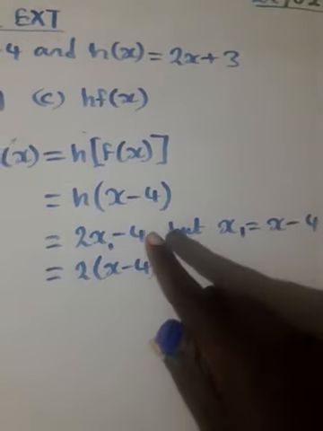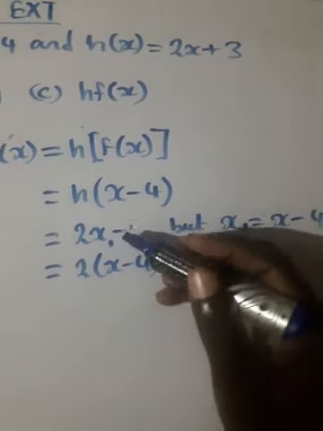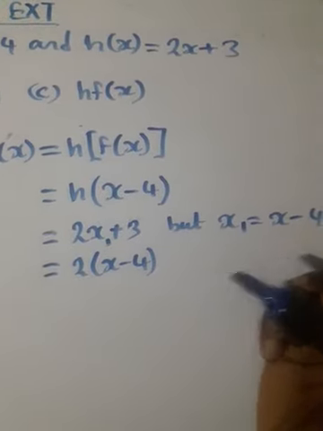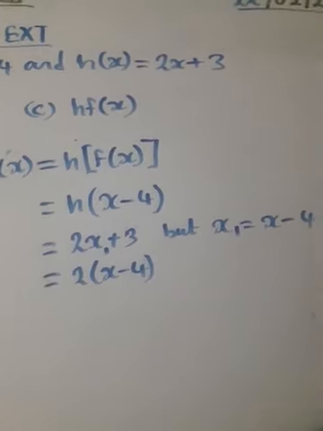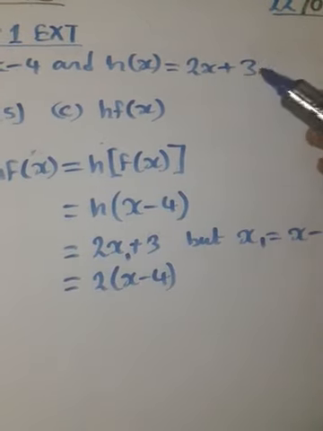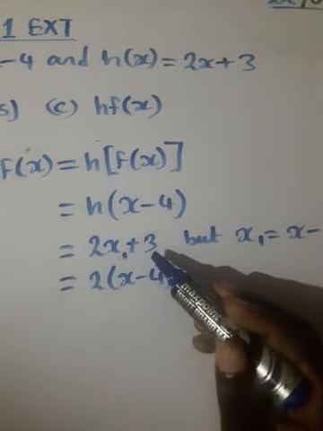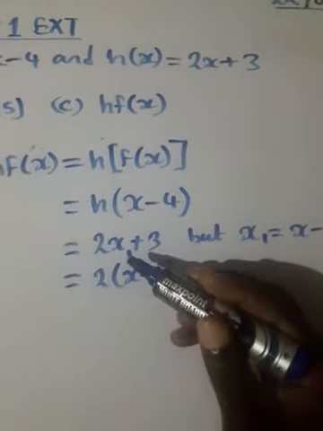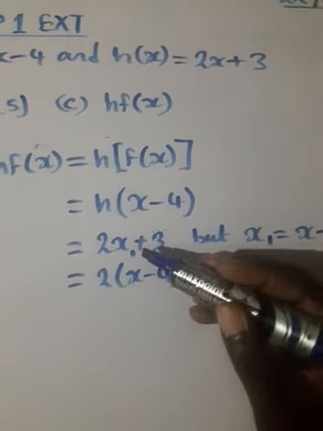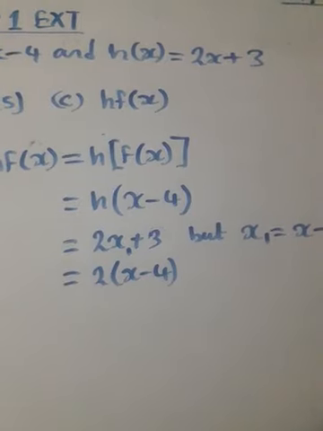I mean this was supposed to be 2x plus 3. That's a correction, because we are getting the expression for h of x, so it's 2x plus 3. So here it should be 2x1 plus 3. So where there is x, you now replace x minus 4. So this positive 3 will be dropped down the way it is.